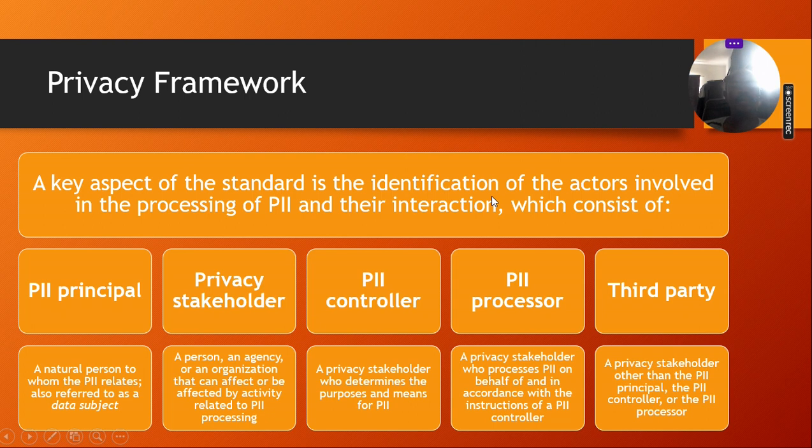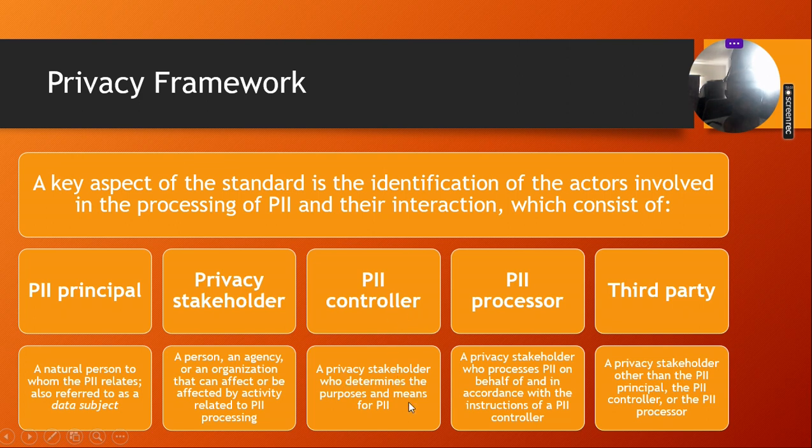A key aspect of the standard is the identification of the actors involved in the process of PII and their interaction, which consists of the PII principal, the person that you collected the information from; the privacy stakeholder, the agency or the person or the organization that is collecting the information; then the PII controller.